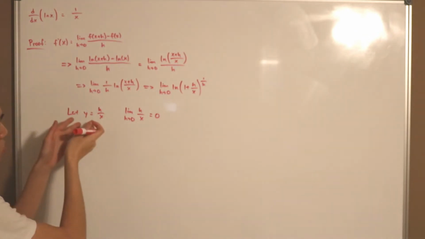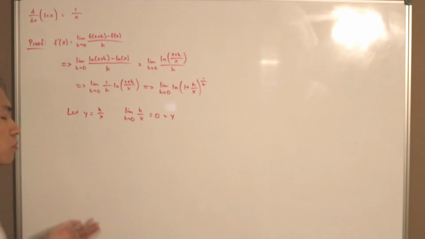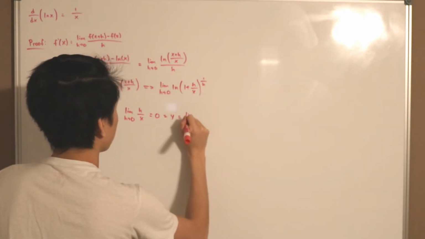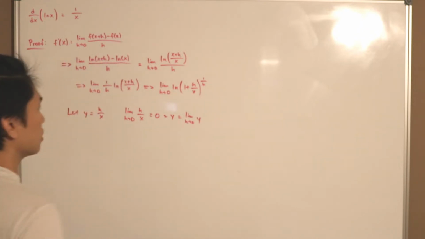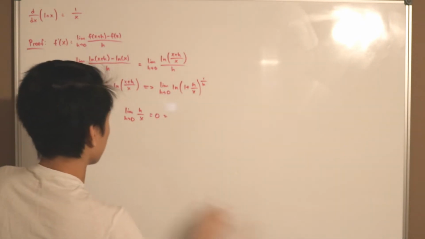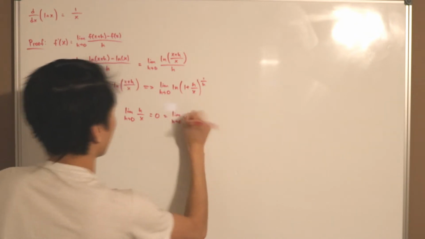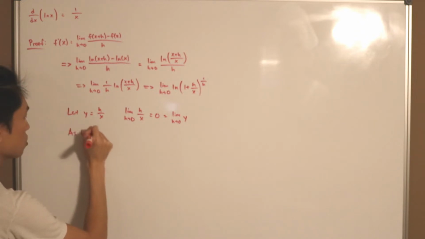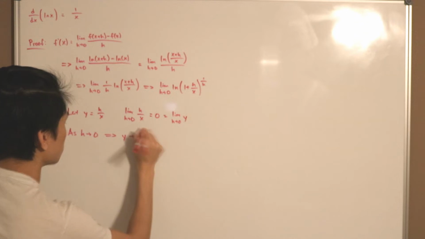At the same time, that also means y approaches 0. So that means this is the same thing as writing the limit as h approaches 0 of y. In other words, as h approaches 0, y approaches 0.